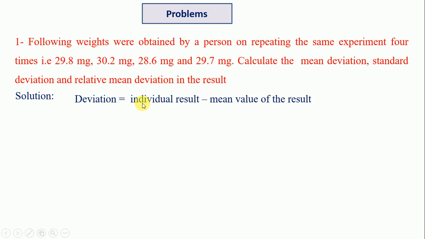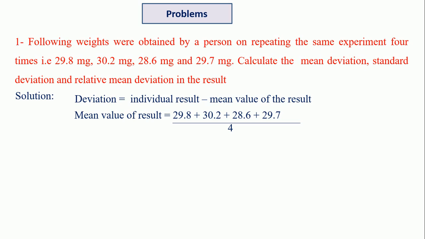Now we have the individual results, this is an individual result, this is also individual. So each value is an individual result, and then the mean value of the result. The mean value means this value plus this plus this plus this, the sum of these 4 values divided by 4. Now see how to calculate the mean value.